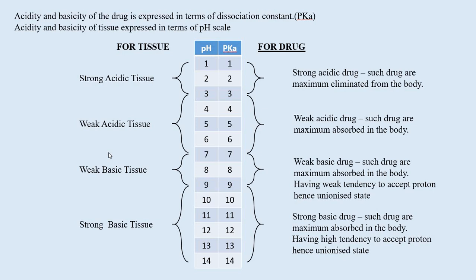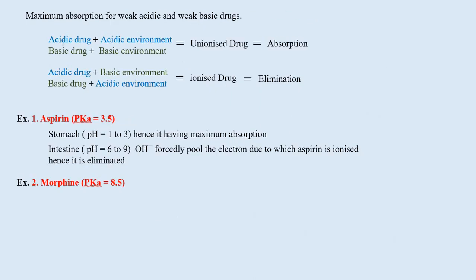Now, based on that scale, if any drug is absorbed in the body in a higher concentration, that drug goes into systemic circulation. But here the phenomenon is like dissolves like. Suppose an acidic drug is there, and if the environment is acidic, then the drug remains in its unionized form and is easily absorbed.